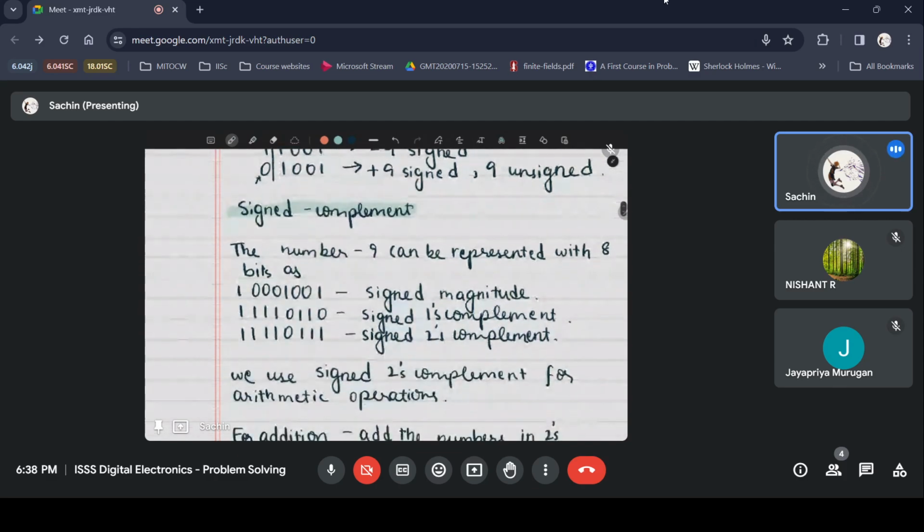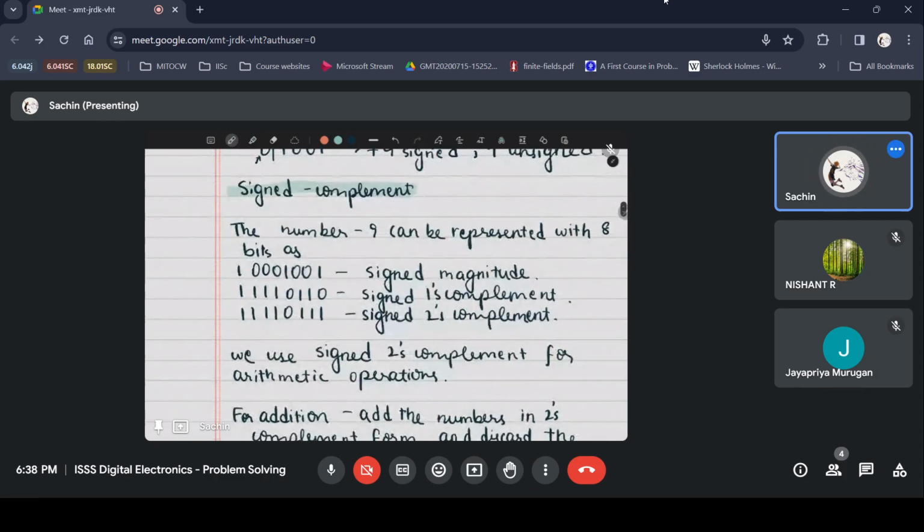Another representation is signed complement representation, where to represent the negative of some number, say minus 9, you write out 9 and take its 2's complement. Whatever you get, you say that is minus 9. See, at the end of the day, all these things are just bits stored in some pattern in your computer.